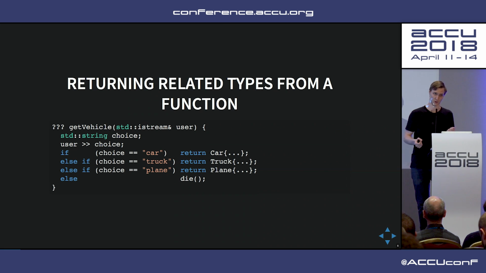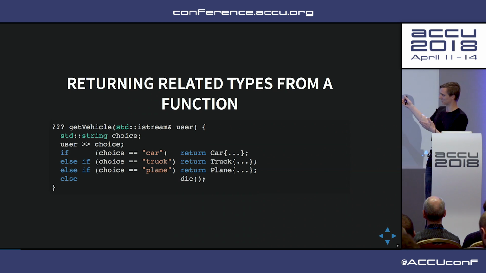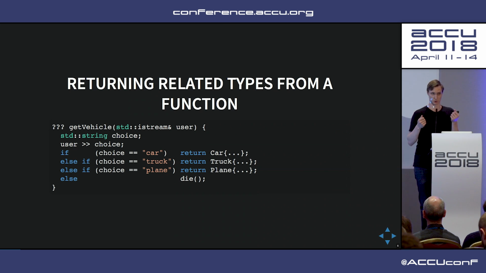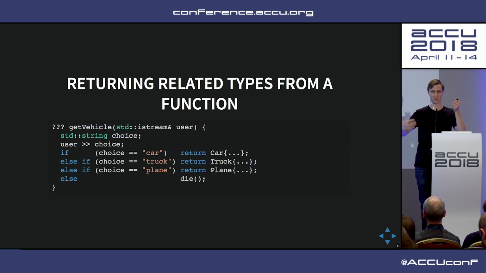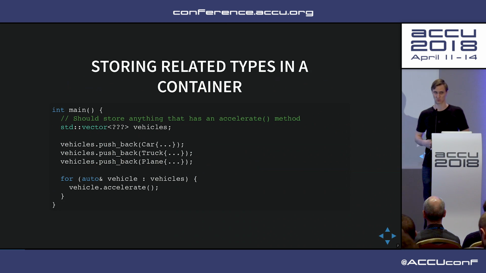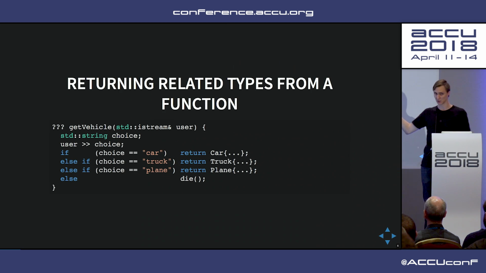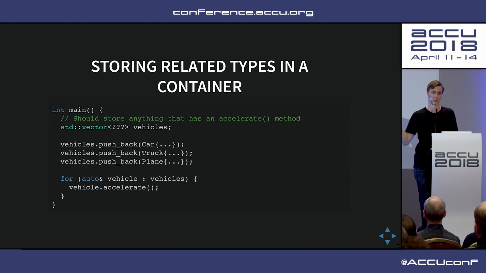So based on some user input, we want to return one of three types in this case. We need to somehow get a single type that we can return from the function, but that type must be able to represent any one of these three concrete implementations. So in that case, we need what's called runtime polymorphism.